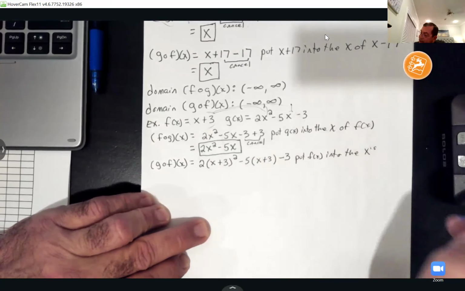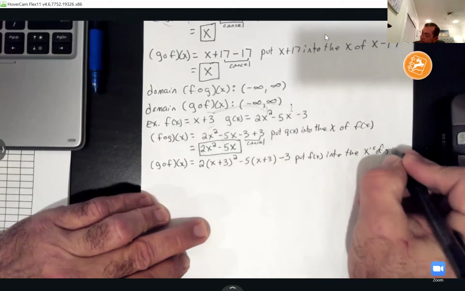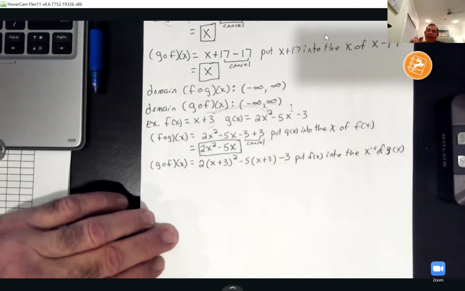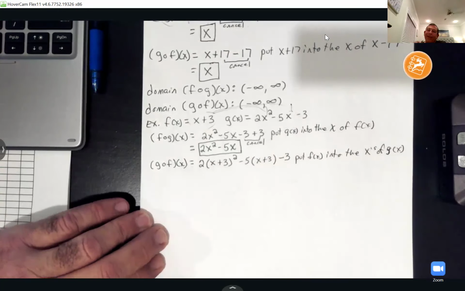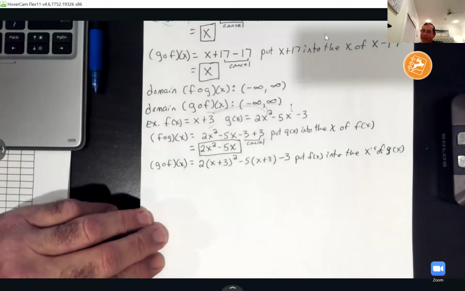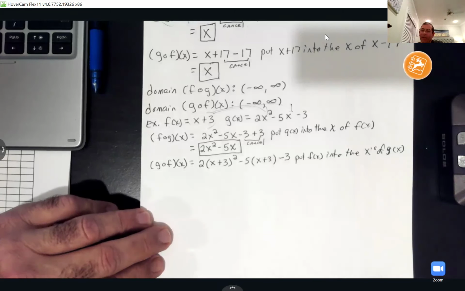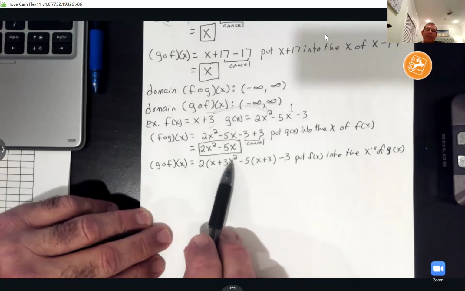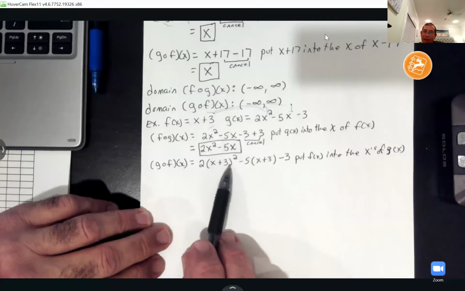And how about the x's of g of x? Because that had 2 x's on it. So now, here's where I get people. Because y'all, let me tell you, the very first thing you got to do, you got an exponent sitting here. But that exponent is sitting behind an x plus 3.